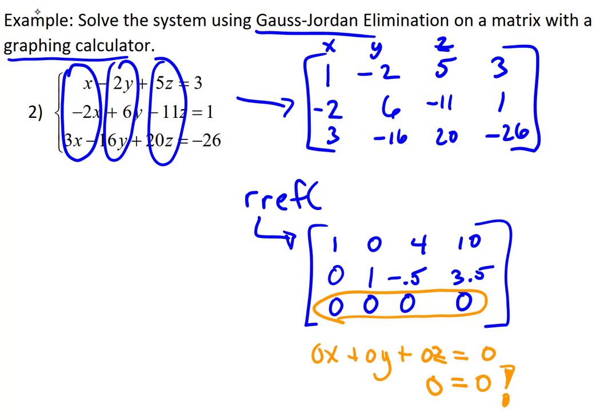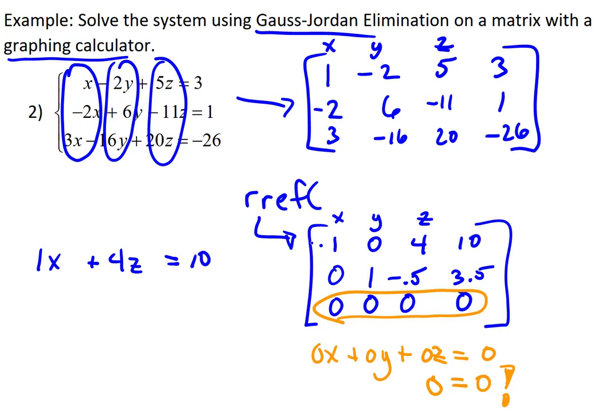In order to come out with our solution, or at least a way to represent all infinite possibilities, as we've been doing, we're going to go ahead and convert our result matrix back into some equations. So if we take, for example, row 1 of this matrix and convert it back to an equation, remember it was x, y, and then z in that order, this would mean 1x, which you could just call x, plus 0y, so you don't even write the y, plus 4z equals 10.